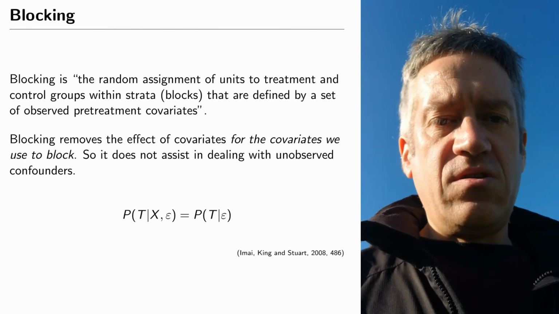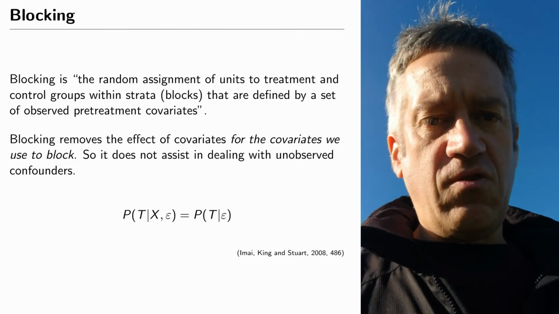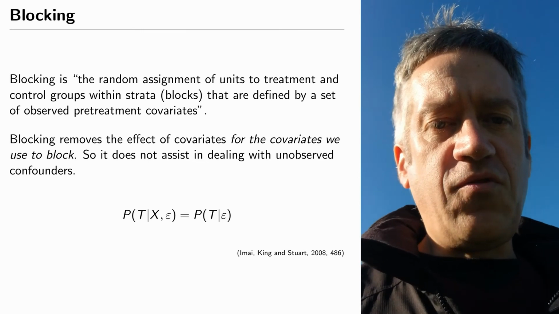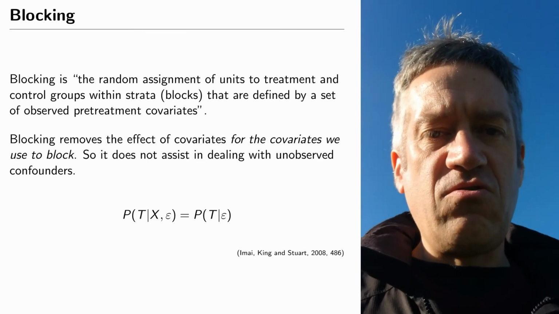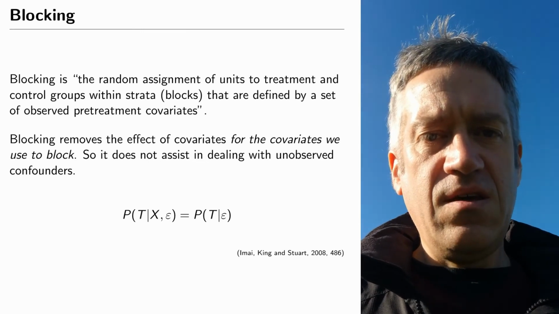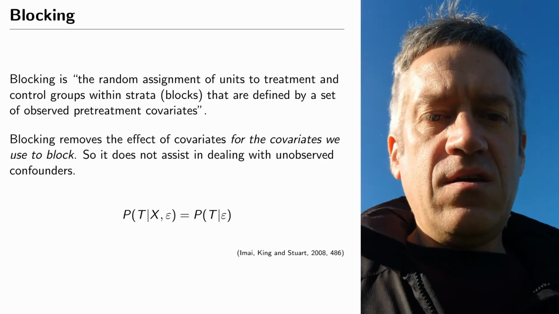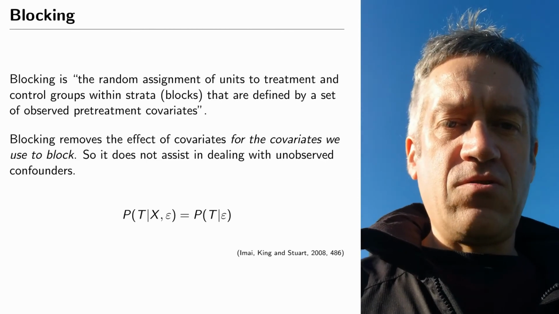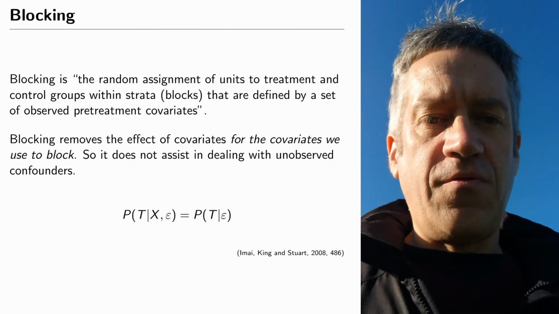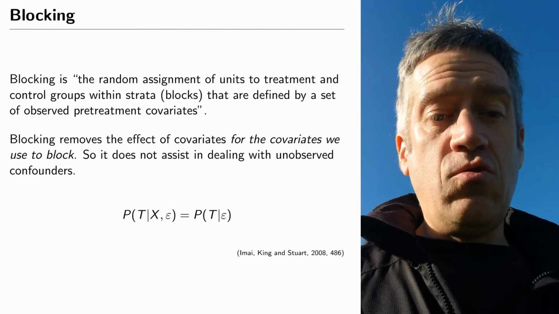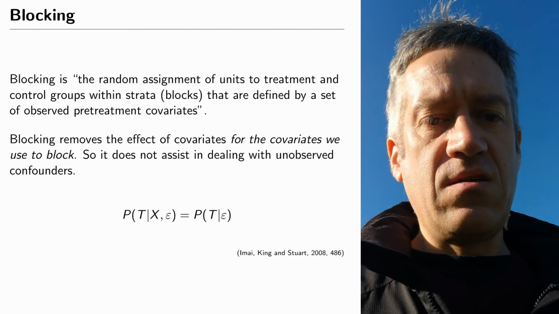Sometimes in experimental designs, we also explicitly take control variables into account. When we, for example, already know that there is a strong gender effect, and we know that impacts will be very different for men and women, then maybe we can randomly select a group of women to get the treatment and randomly select a group of men to get the treatment, but make sure that those two groups are of equal size.